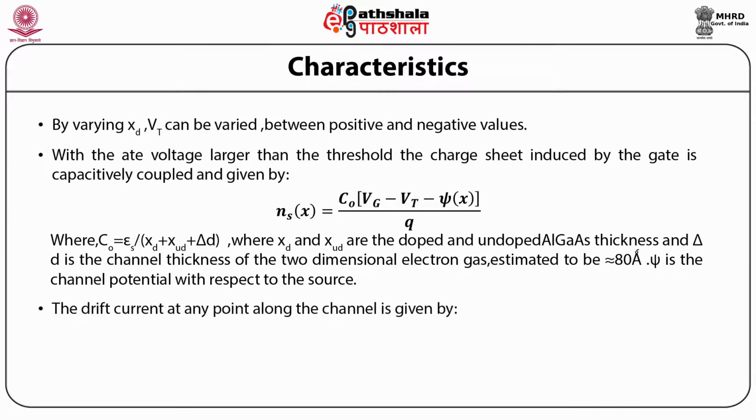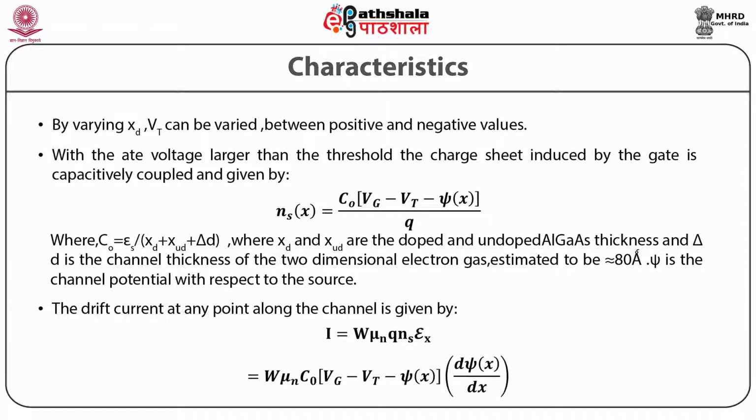So the drain current at any point along the channel is given by I equal to W mu n Q n s epsilon x, which is equal to W mu n C naught multiplied by Vg minus Vt minus psi x multiplied by d psi x by dx.